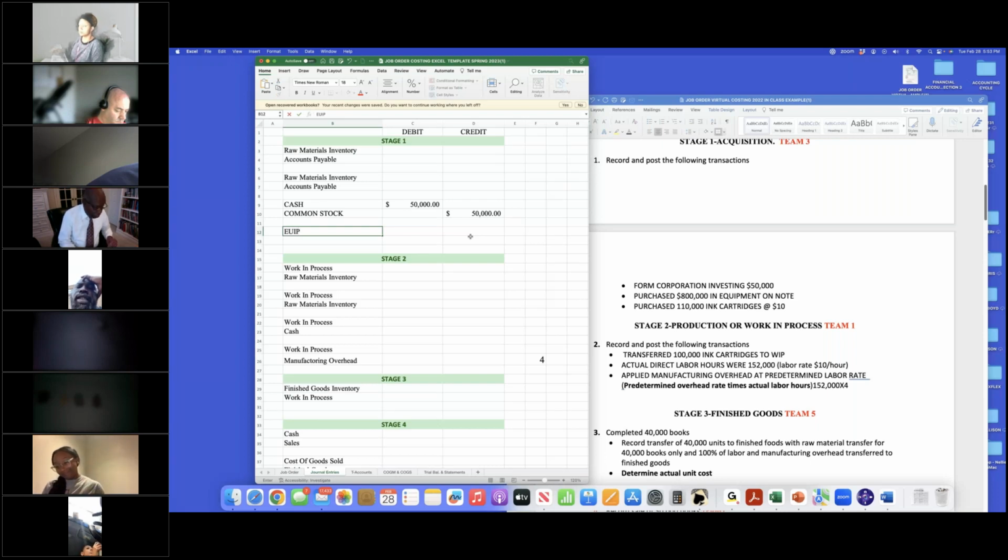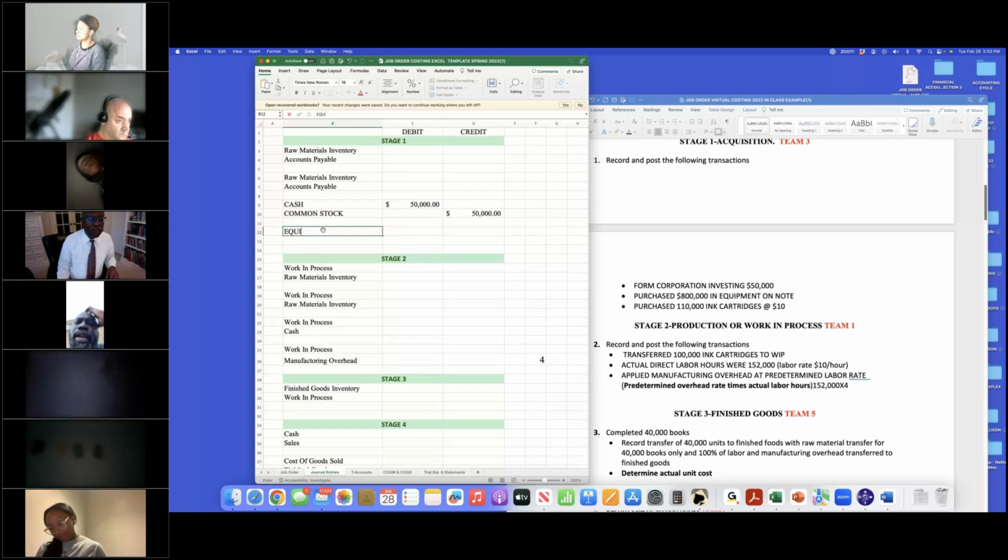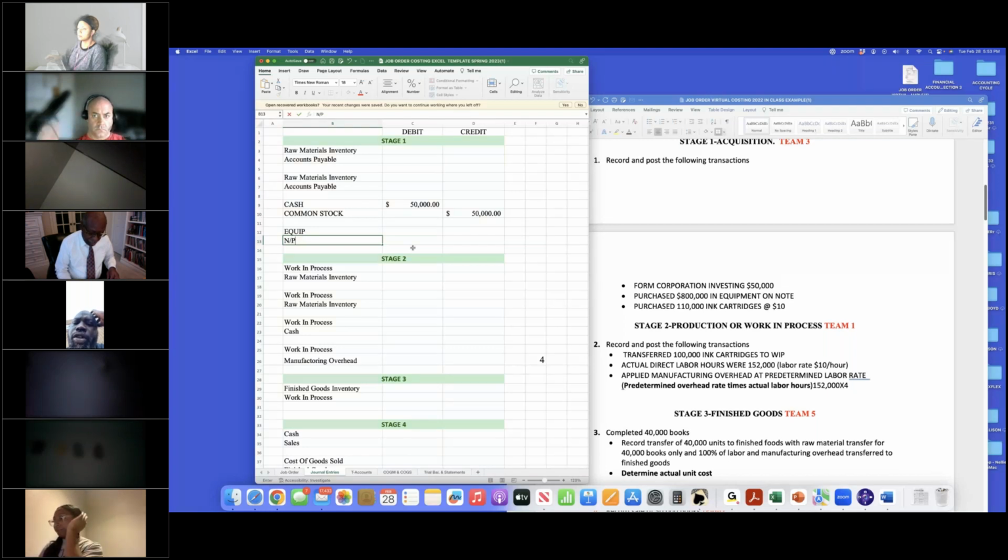Okay. Then my third journal entry will be a purchase of ink, which will be $1.1 million. So I'll debit raw materials and credit accounts payable 1.1 million. You've got to tell them how you got 1.1 million. I multiplied the $10 times 110,000 to give me 1.1 million.